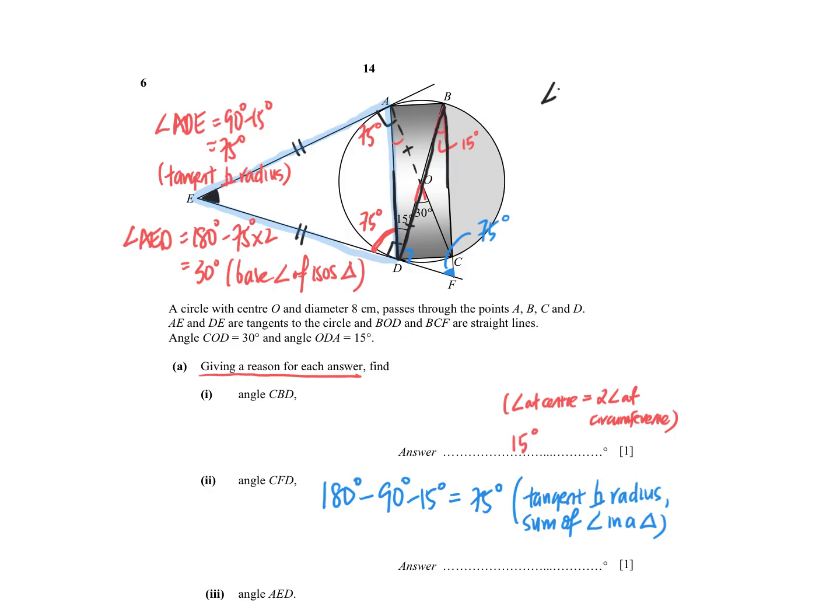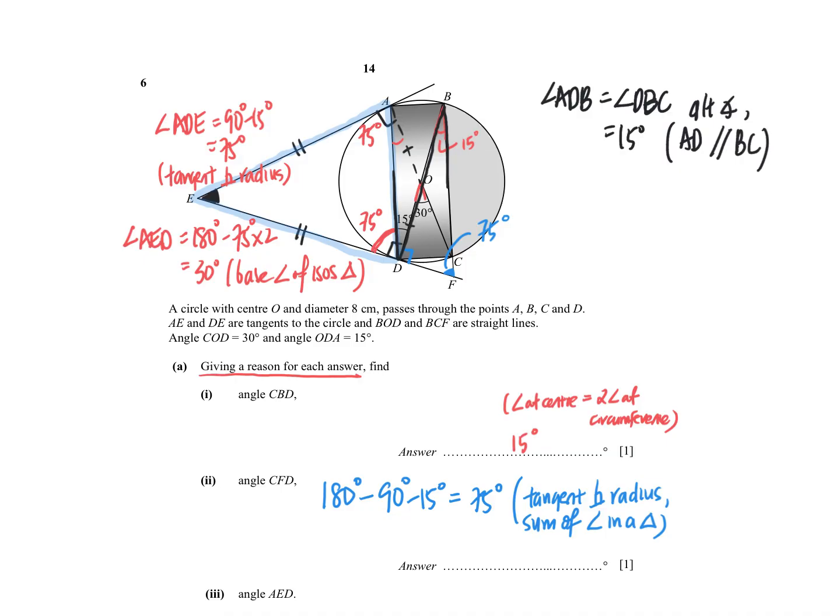So you can tell me that angle ADB is equal to angle DBC, which is 15. Then this helps you conclude that AD must be parallel to BC, due to alternate angles.